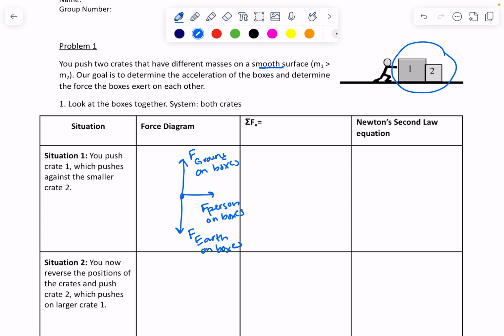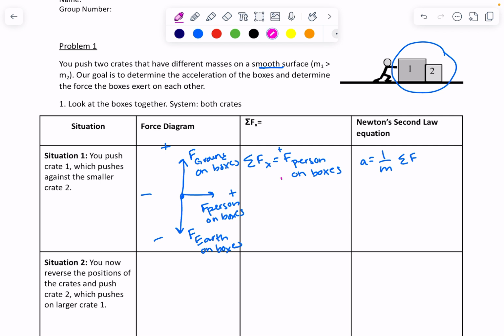So now we're going to write a sum of the forces statement, and we're only looking at the x or horizontal direction because that's our direction of motion. So we're going to say our sum of the forces in the x direction is our force of the person on the boxes. And we're just going to make this positive direction to make that easier for ourselves. Our Newton's second law says that acceleration is 1 over the mass times the sum of the forces.